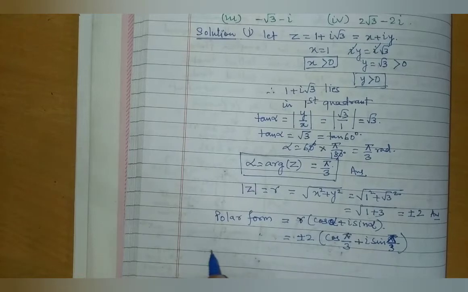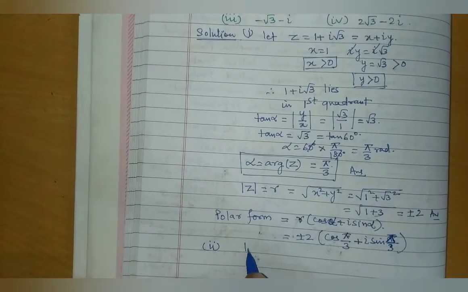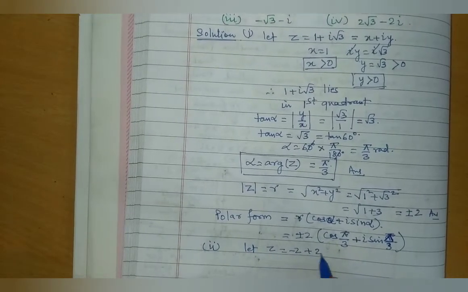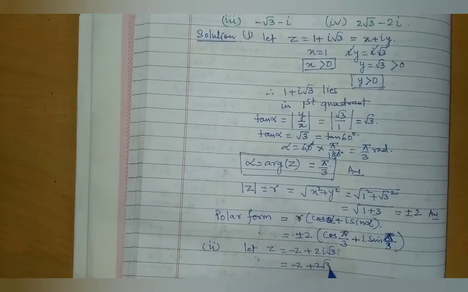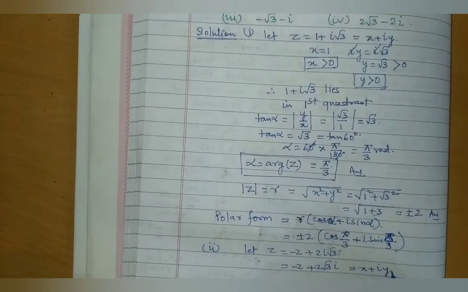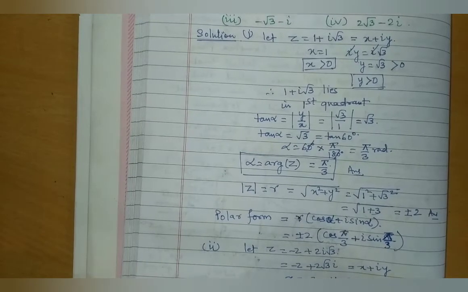So second, I am taking the second number. So let z is equal to minus 2 plus 2 iota root 3, or we can write minus 2 plus 2 root 3 iota, and we will compare with x plus iy. So x is equal to minus 2, y is equal to 2 root 3.